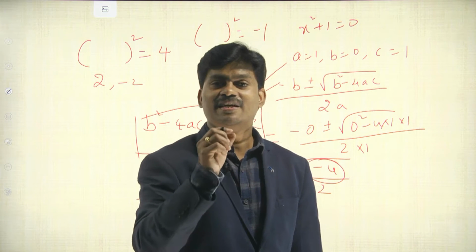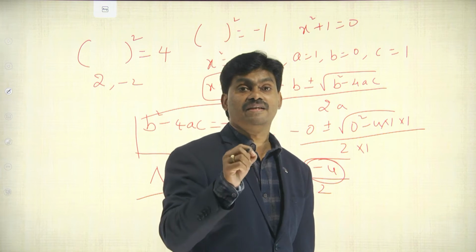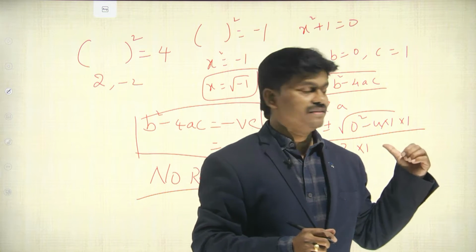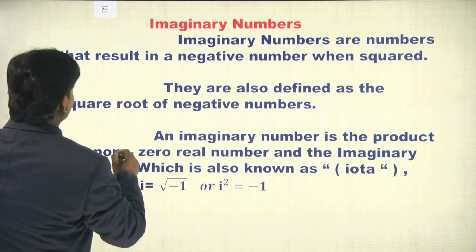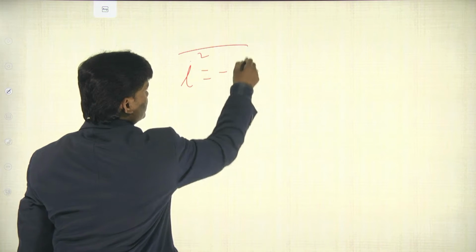In the 18th century, the mathematician Euler defined this i, that is, i squared is equal to minus 1.